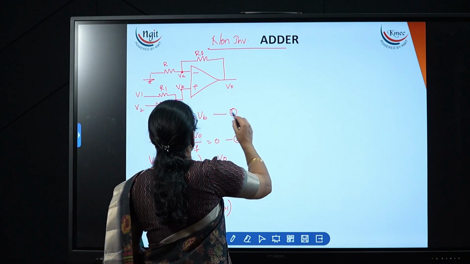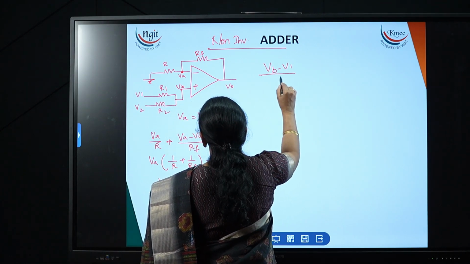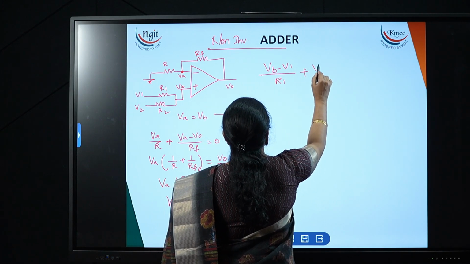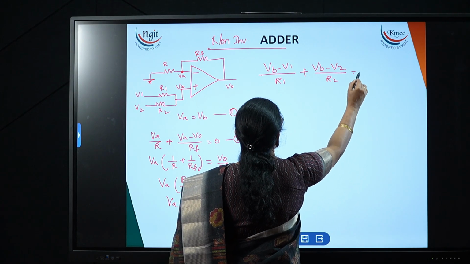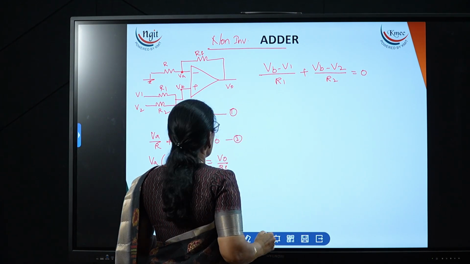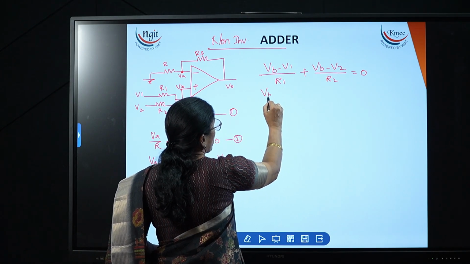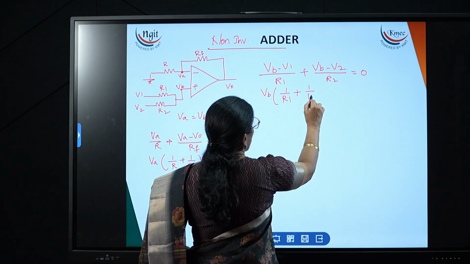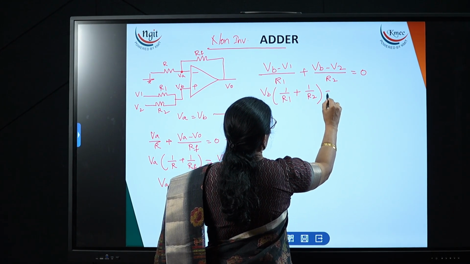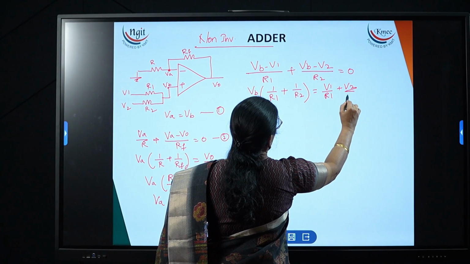Similarly, we need to write the expression for VB. So (VB minus V1) divided by R1 plus (VB minus V2) divided by R2 is equal to 0. Now we write the expression for VB. If I take VB out, (1 divided by R1 plus 1 divided by R2) is equal to V1 by R1 plus V2 by R2.